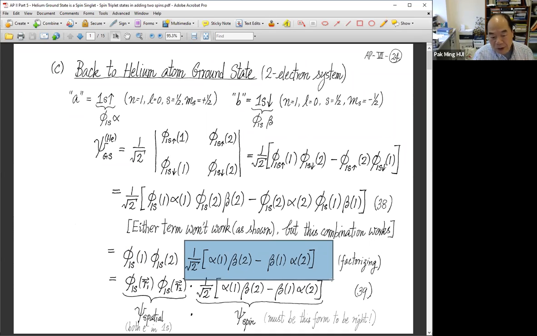The first term has to do with what we regard as electron number 1 is up, 2 is down, but the second term has to do with this, okay? And the wave function here deals with spin, has both possibilities, this and that.